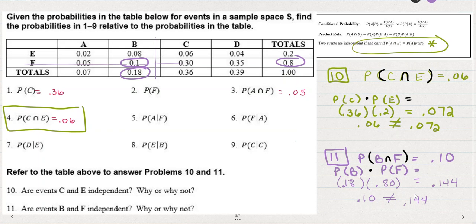So if the events are independent, then the outcome of the first won't affect the outcome of the second. But in this case, that's not happening.